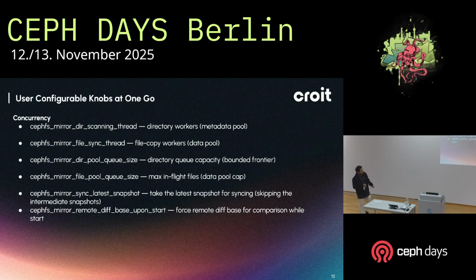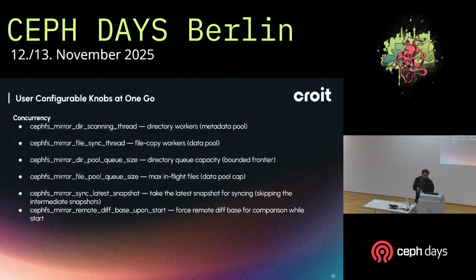And remote diff base upon start is basically forcing, because there are a lot of bugs in libcephfs, forcing the remote diff base as the base to find the difference between the two file systems.